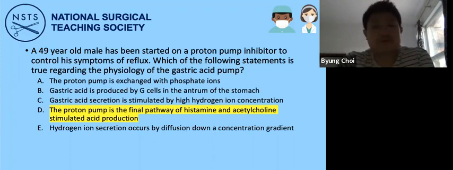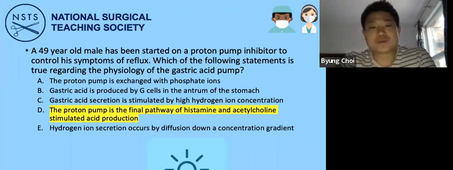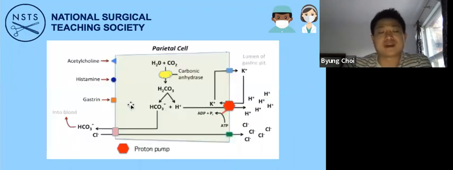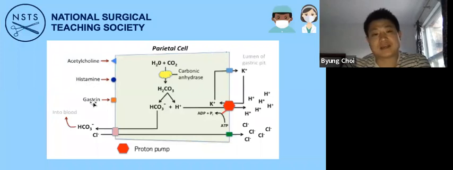Just going through the answers here, let's go through them systematically. But starting with D, if you remember that the proton pump here is the parietal cell. So it's the parietal cells that produce acid, and hormones that have a positive feedback mechanism locally in terms of their chemical effect are acetylcholine, histamine, and gastrin.